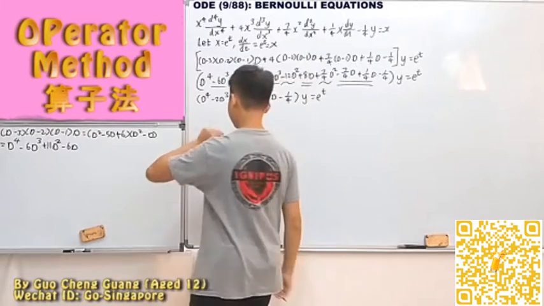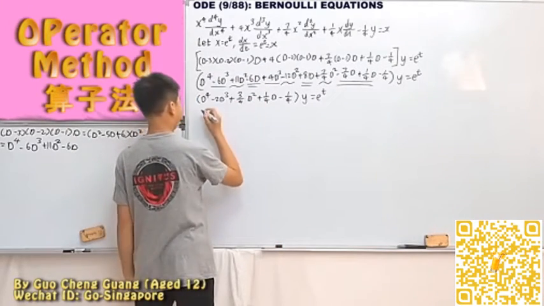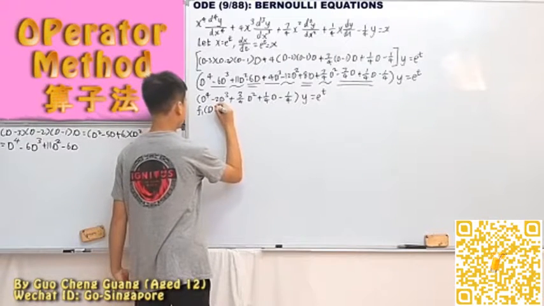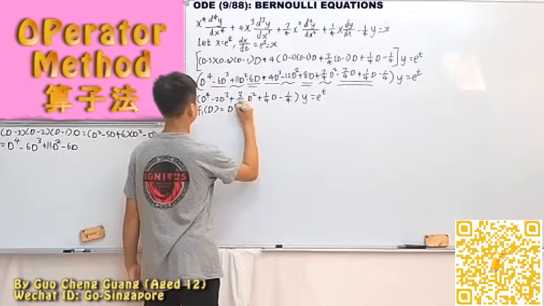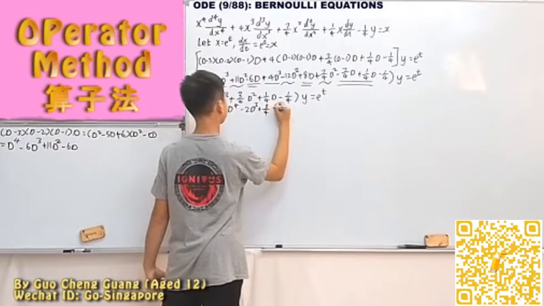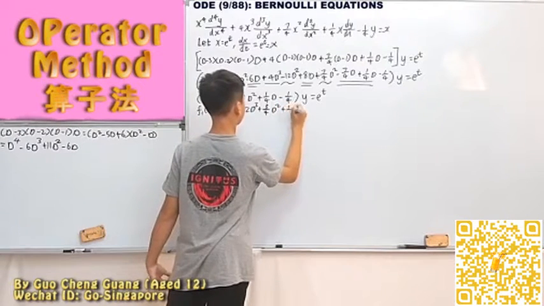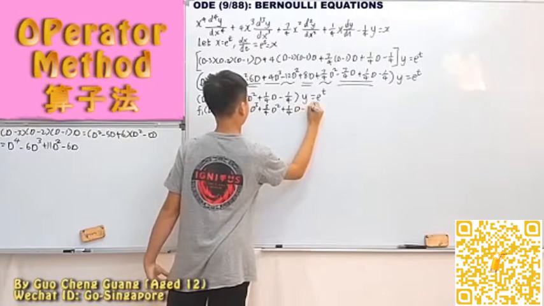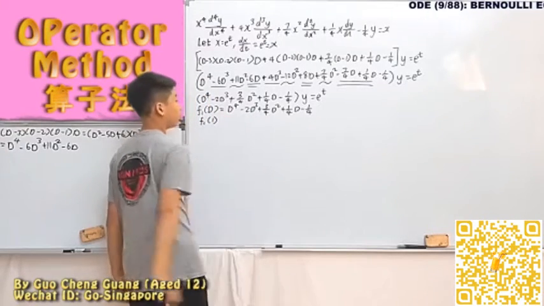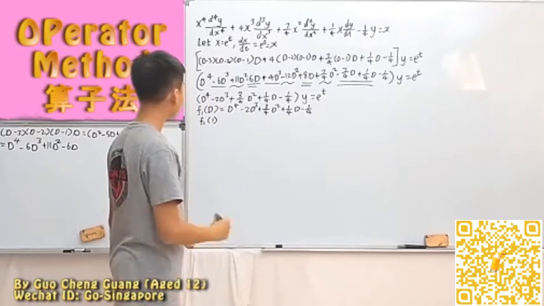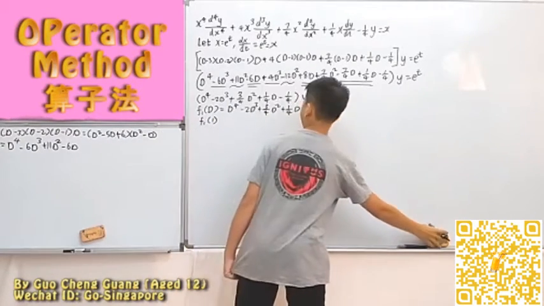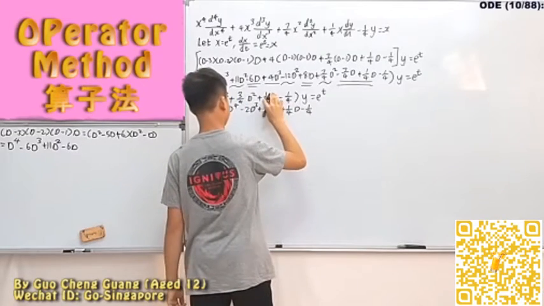Then we're just going to use the factor theorem. This time, for the factor theorem, we just try F of 1, then D. It will be this part. Then for this part, wait a second, this part is a half.